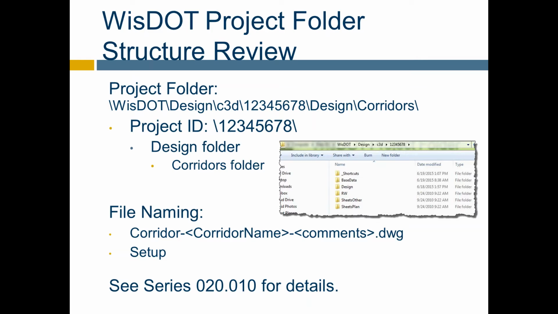For file naming, we'll be using something very similar to the corridor name and comments. It's been abbreviated as far as I can tell to CRDR for corridor. For more details, you can go to the training manual and go to series 020.010.